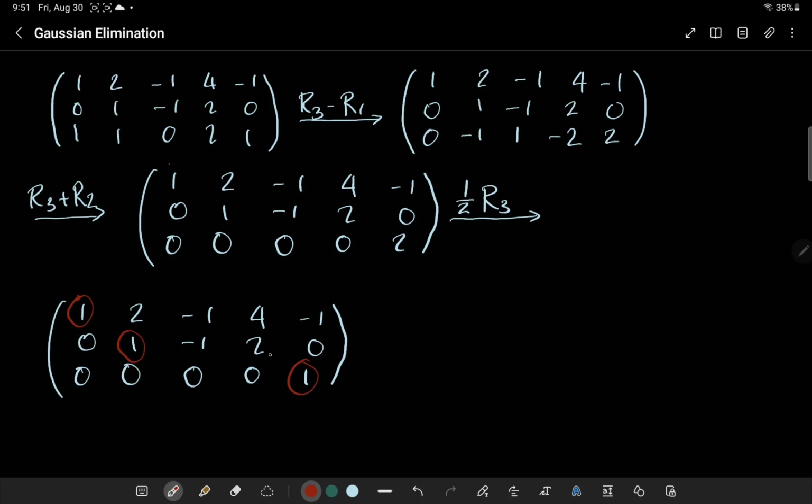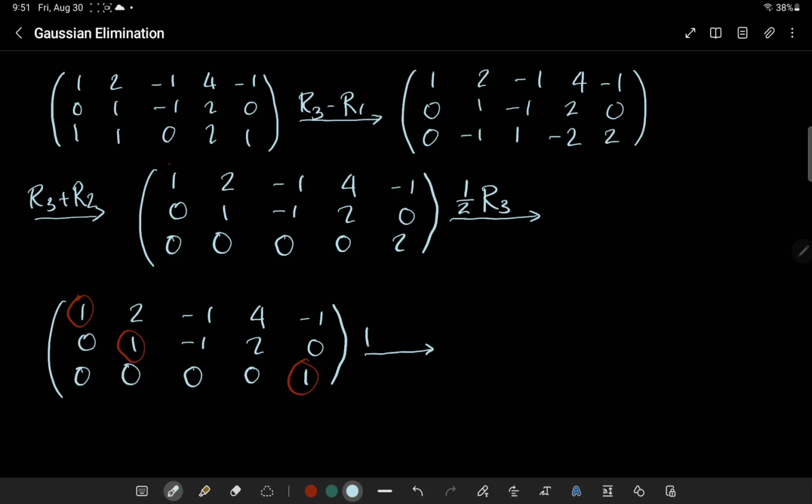So these stay as they are, but this one's above, this has got to go, and this has got to go. All right, so how do I do that? Well, you work your way from left to right, top to bottom. Now you're going to start working your way backwards, from right to left, bottom to top. So I'm going to start with the bottommost pivot, or rightmost pivot, which is the same thing, and I'm going to make zeros above it.